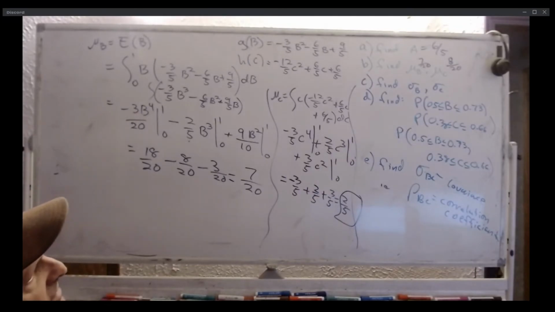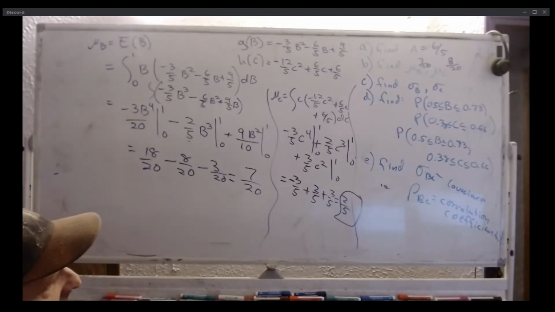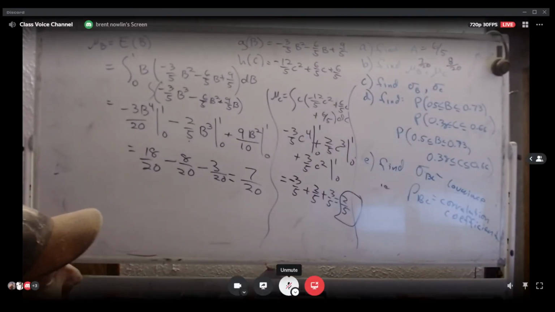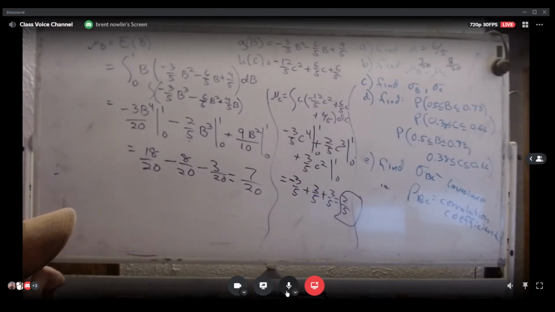How can I say that? The mean value of B definitely falls into the values that B can be, correct? Yeah. How about C? Is that also true? Yeah.